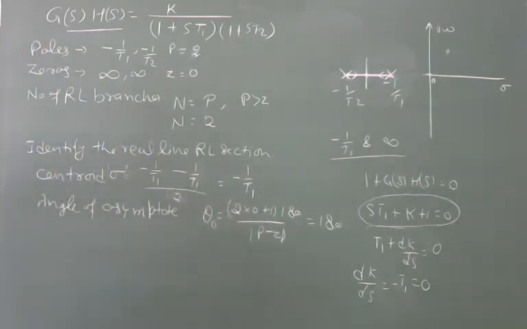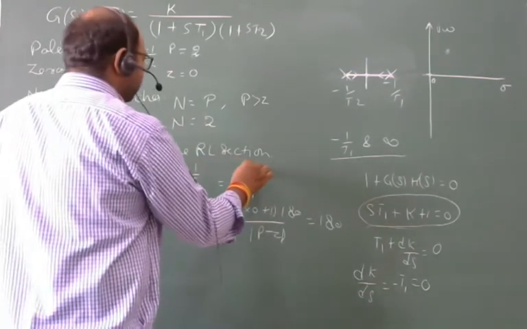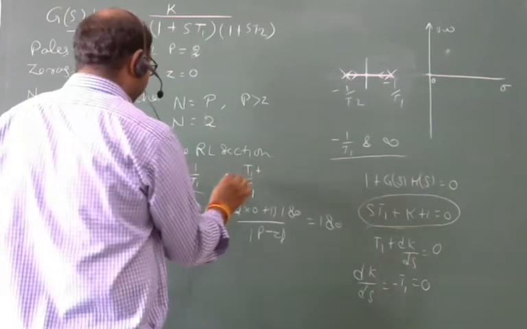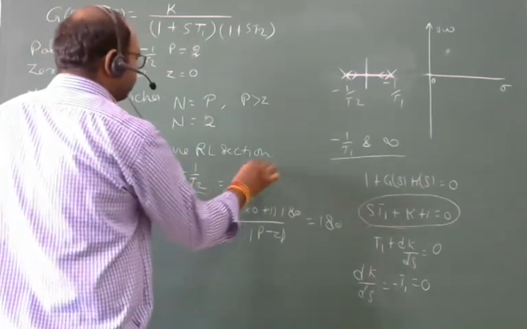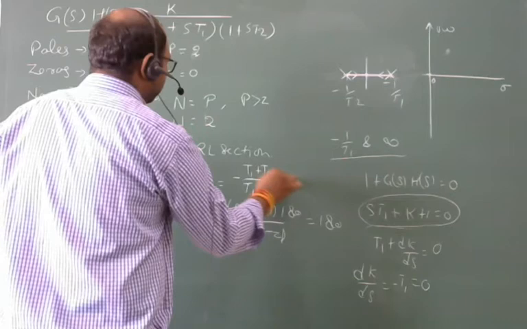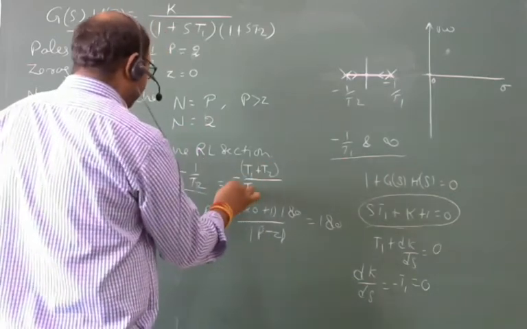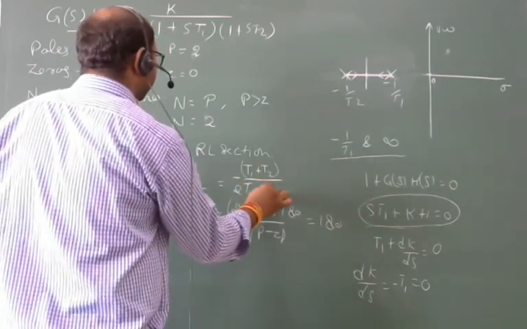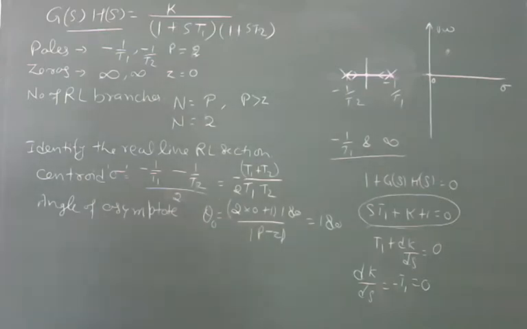So the centroid is minus T1 plus T2 divided by 2 T1 T2.